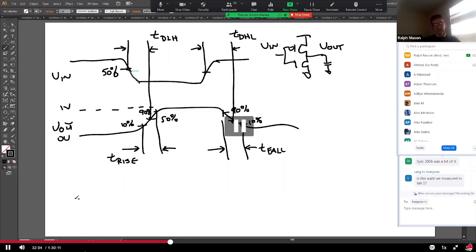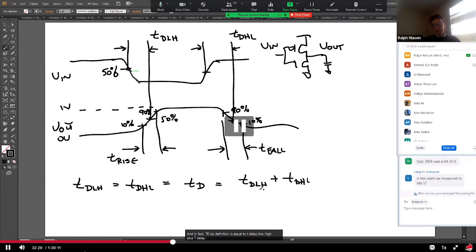Sometimes if T delay low to high equals T delay high to low, we just call that T delay, TD. By definition, TD is equal to T delay low-high plus T delay high-low over 2. It's just the average of those two numbers, and when they're both equal, they'll all be the same. Everybody okay with that?